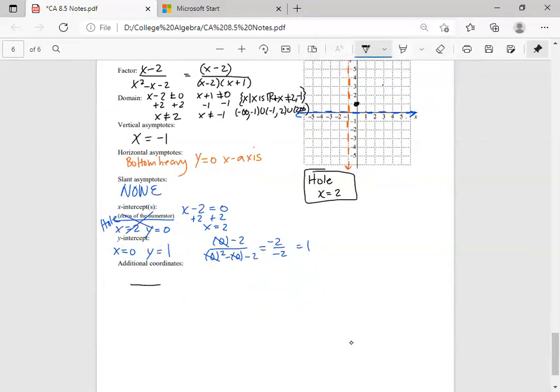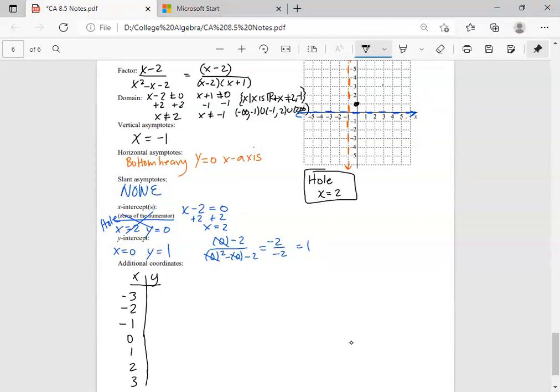Okay. In order to finish this graph, we need some additional coordinates. We could get those from our table. I moved it back to -3 and jotted down everything from -3 to +3.